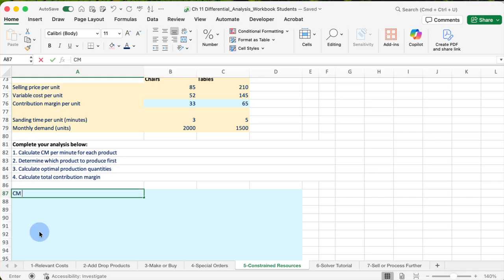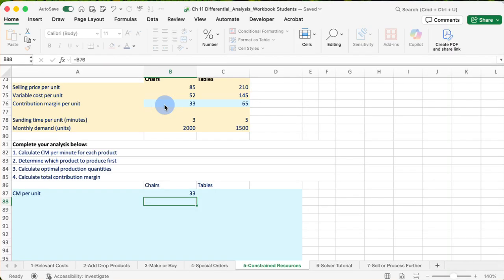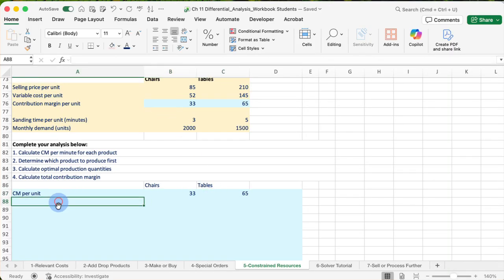We will start by taking our contribution margin per unit. So I'm going to just put chairs, tables. We already calculated the contribution margin per unit, so we can just cell reference up to where we did that. $33 for chairs and $65 for tables. Then what we need to now do is calculate it per constraint.